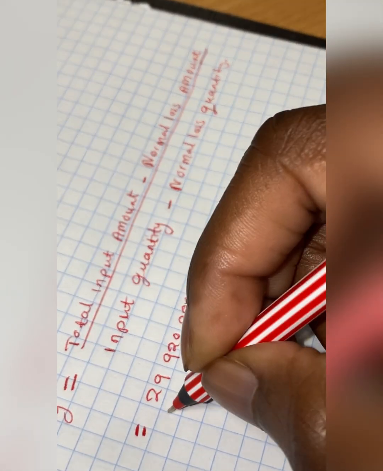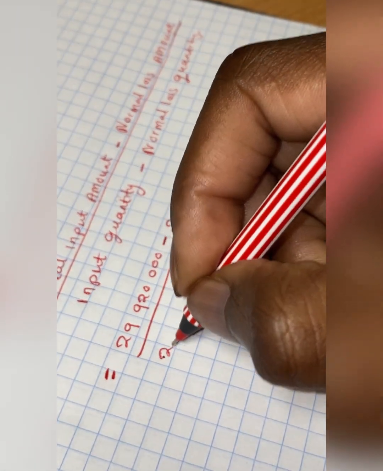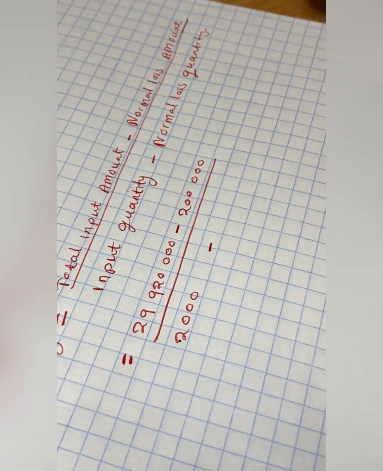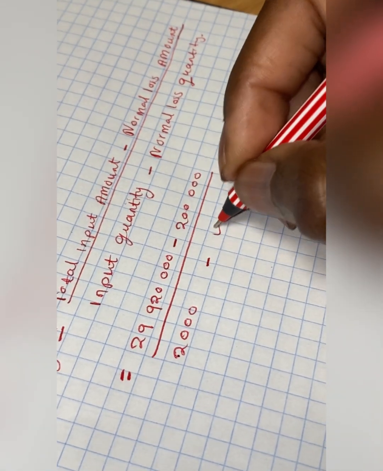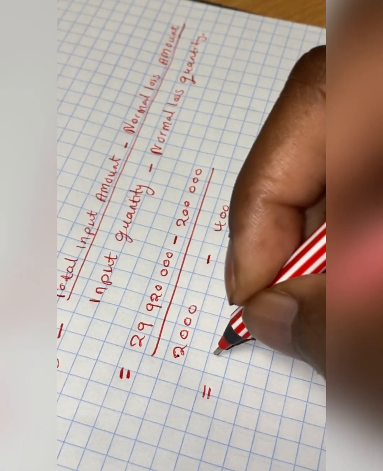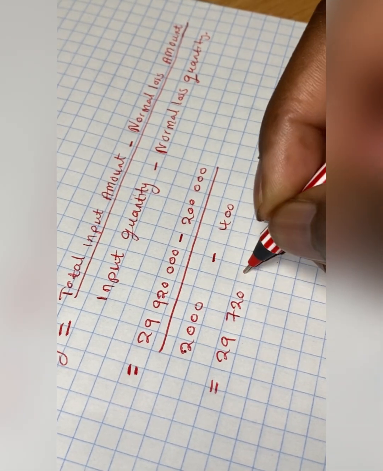Okay, then we divide by the input quantity. So the input quantity, we have 2,000, that's what we are inputting. Then our normal loss quantity, it's 400 kg. Okay, so on top, when I subtract, it's giving me 29,720,000.